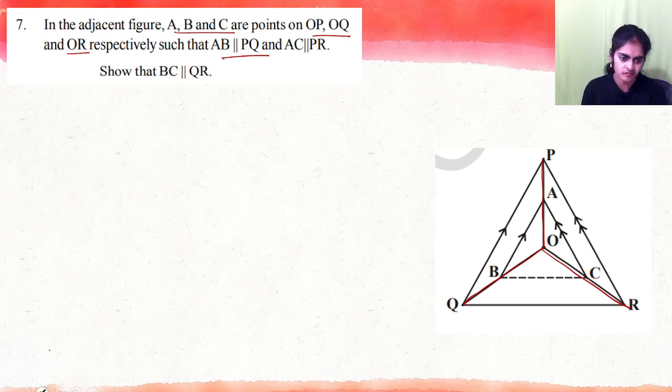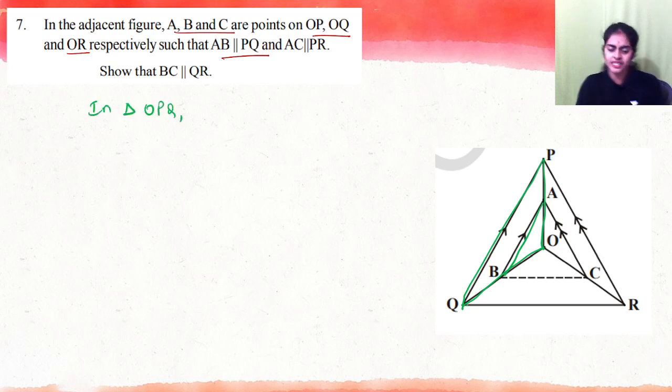Now you see here. Now what to consider, you will know easily. See, AB is parallel to PQ. How is the triangle formed? See, with these two lines here only now. So in triangle OPQ, okay, this side triangle, like this you have a triangle OPQ and here you have AB.